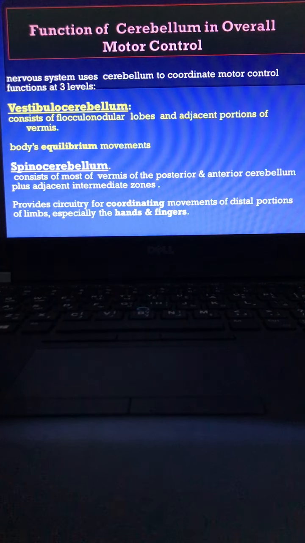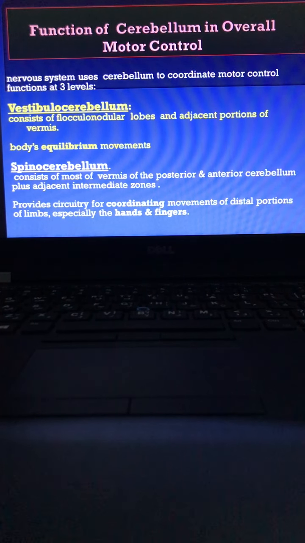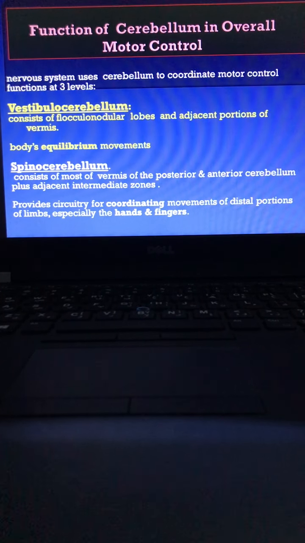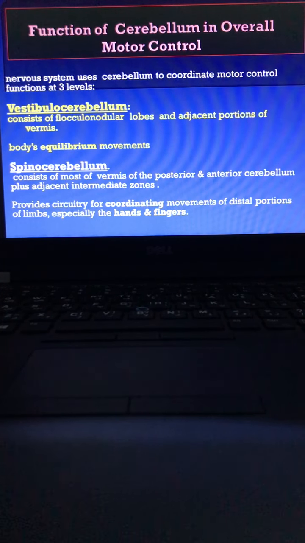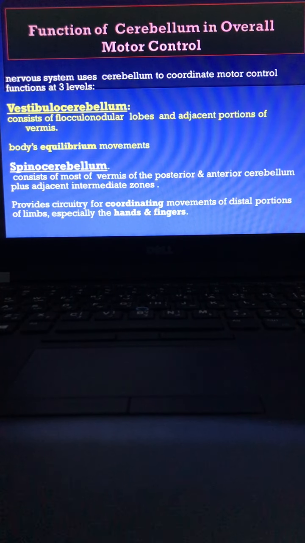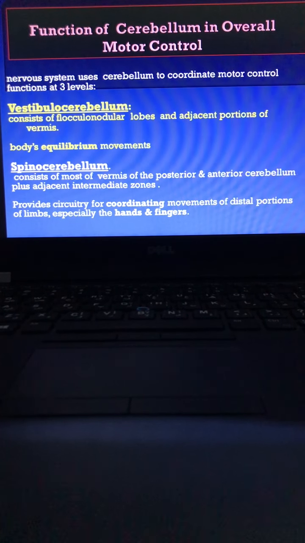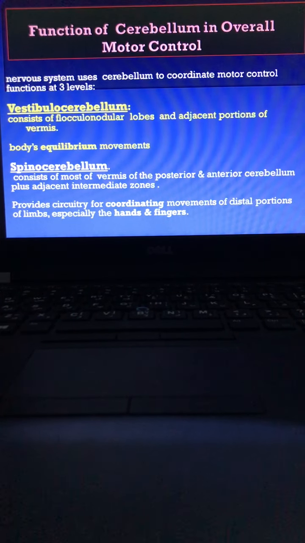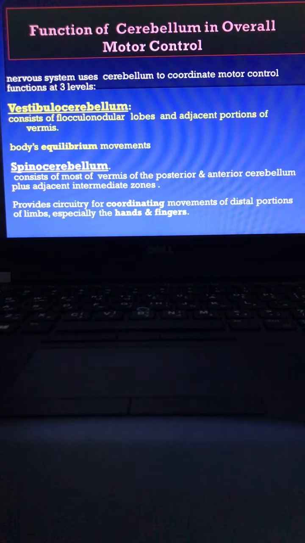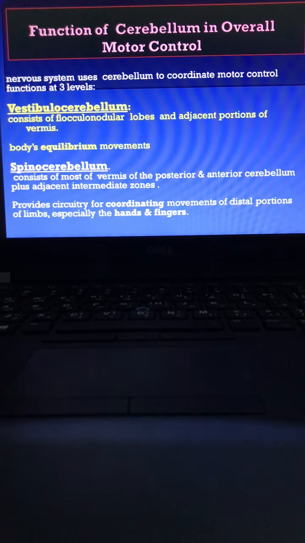Now, functions of the cerebellum in overall motor functions. There are divisions we call the physiological classification of the cerebellum. Number 1, the vestibulocerebellum consists of the flocculonodular lobes and adjacent portions of the vermis, responsible for equilibrium movements, for balance while standing or walking.